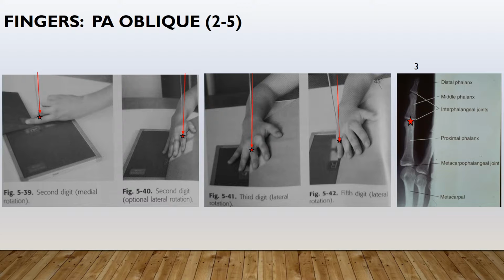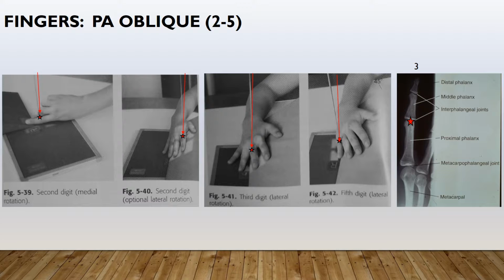So for the second to fifth fingers, you're going to turn them based upon the digit that you are going to be x-raying. If you are taking a picture of the index finger, which is your second digit, you're going to do a medial half rotation and you're going to turn your finger slightly so that it is going into the cassette.